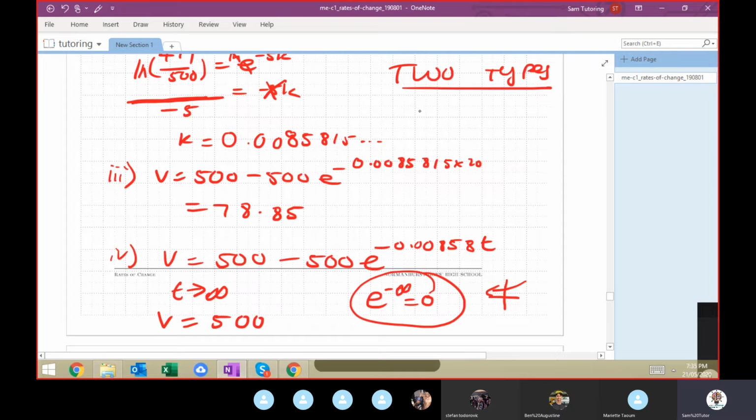Type 1, e to the negative infinity, which is 0, or 1 over infinity, which is 0. They're both going to become 0. So if you ever see an application question that says sub in infinity, it's always going to just be 0. That's all you want to remember.